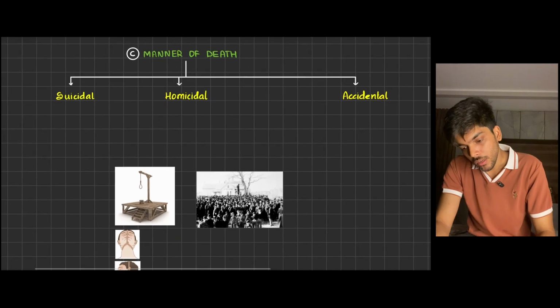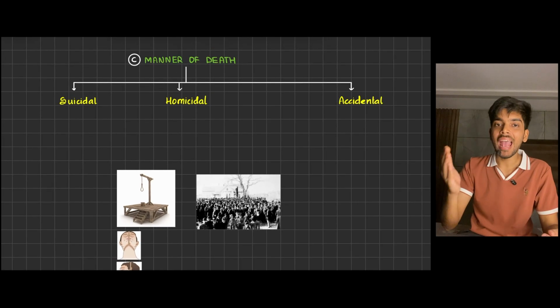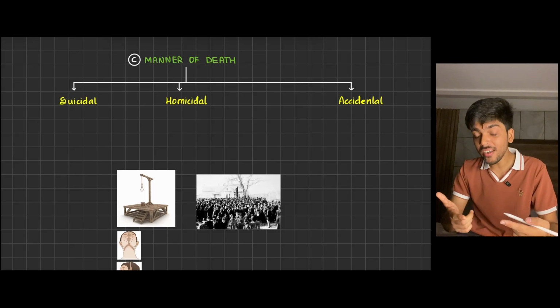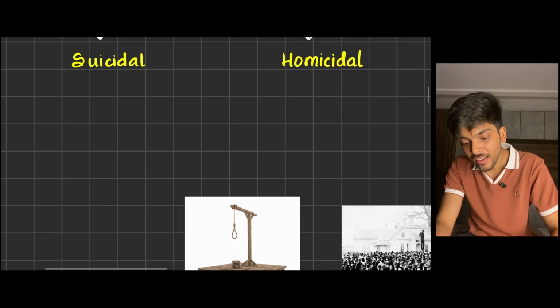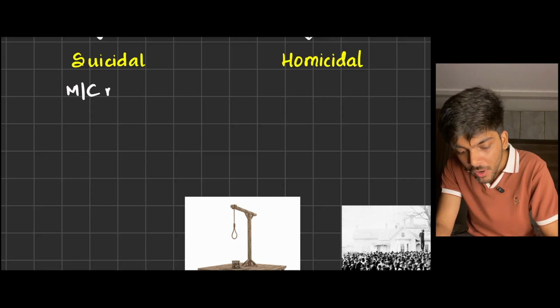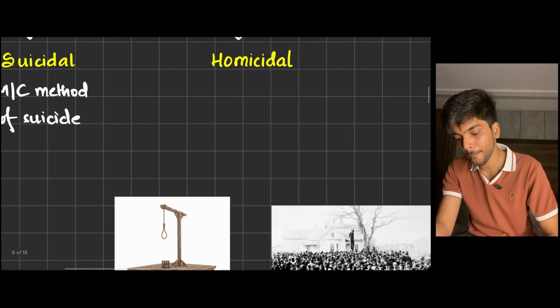On the basis of manner of death, hanging can be a cause of suicidal death or homicidal death or accidental death. And in fact, it is the most common method of suicide, the second most common being poisoning.